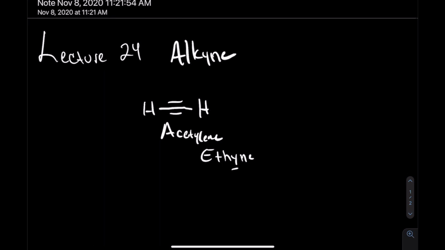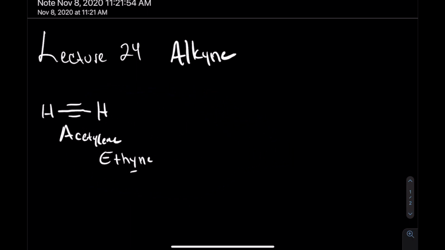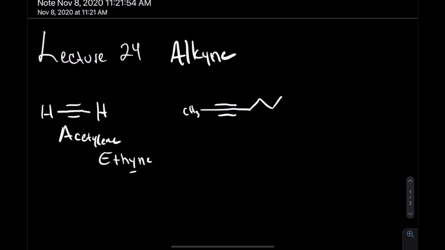Now, to name more complicated alkynes, it's pretty simple. With all things you do, you find the longest chain. All right, and so you've got an internal alkyne, the CH3.